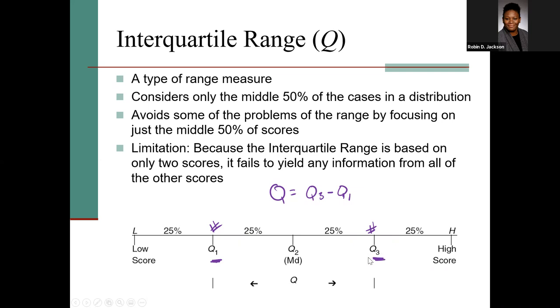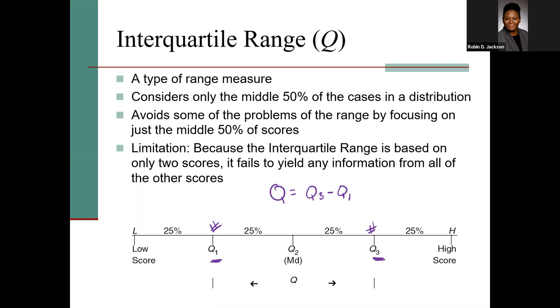Now, I know some of you are looking at this and saying, but there are 4 sections of 25%. I see 25% 4 times. That's what a quarter is, right? Well, that's not necessarily how we're looking at this. The quartile is the point below whatever that quartile is. So for quartile 1, it's the point below which 25% of cases fall.